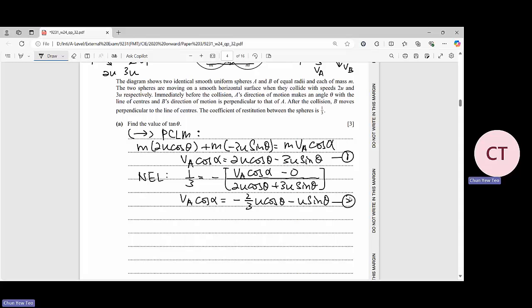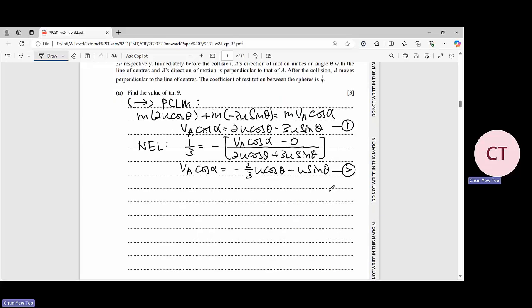I call this equation 2. So from equation 1 and equation 2, we can see that VA cos alpha are the same. So we can let 1 equal to 2. Then you will have 2u cos theta minus 3u sine theta is equal to the negative 2/3 u cos theta minus u sine theta. The u's all cancel.